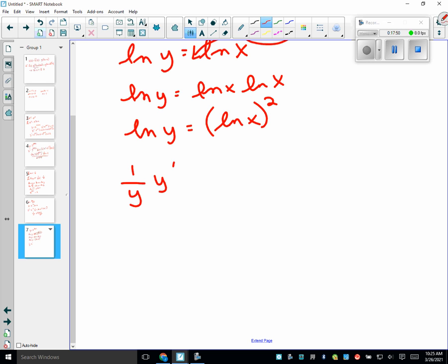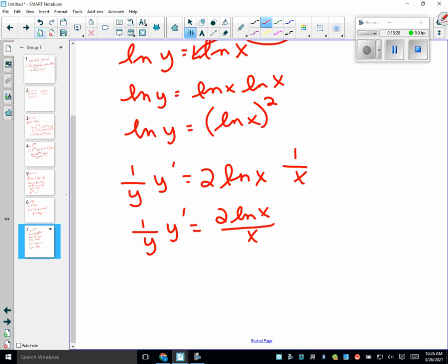Remember we talked the other day that it was coming where y was in the middle of the problem? Equals 2 ln of x times 1 over x. So does 1 over y, y prime, equal 2 ln of x over x?